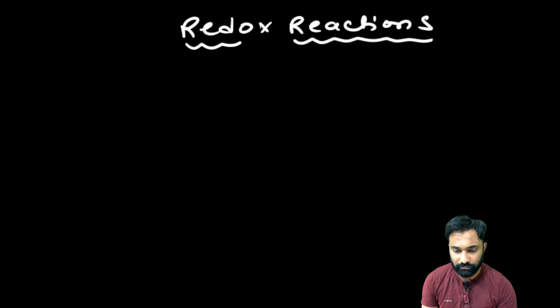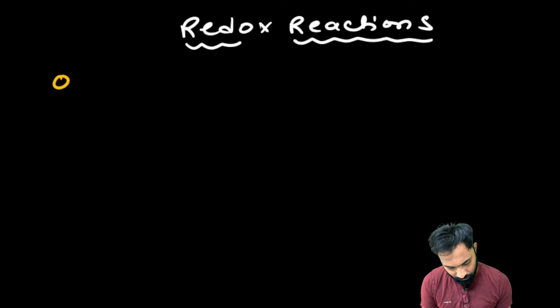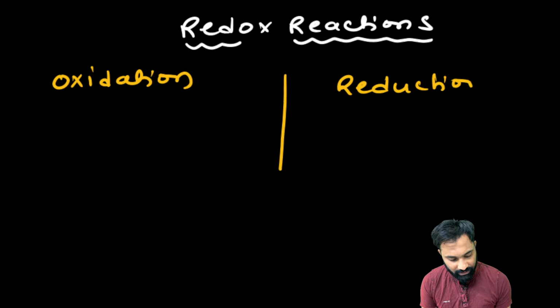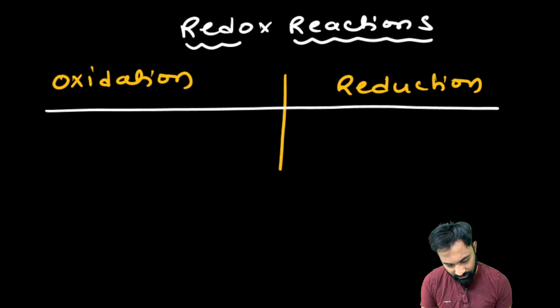Now here in this redox reaction, mainly we are going to study oxidation, and the next one is reduction. Now I will give you the basic introduction of oxidation and reduction.